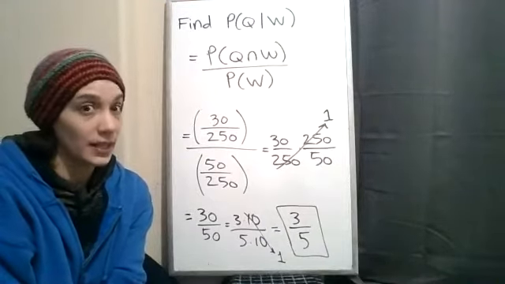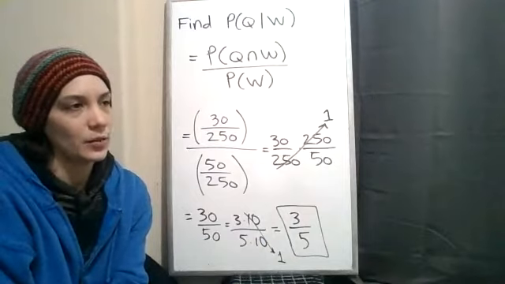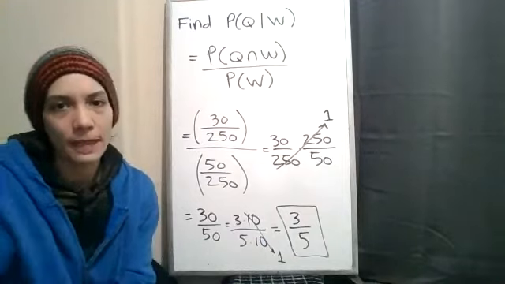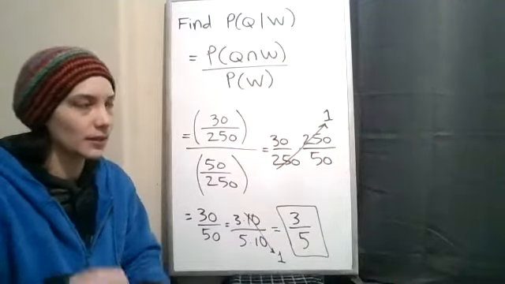For the last example, I will create a small sample space and we'll make some easy sets and do one conditional probability and move on.